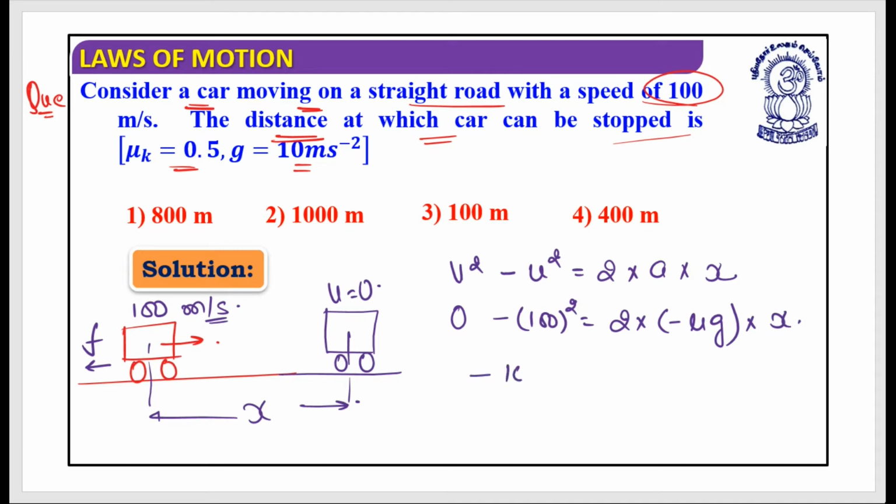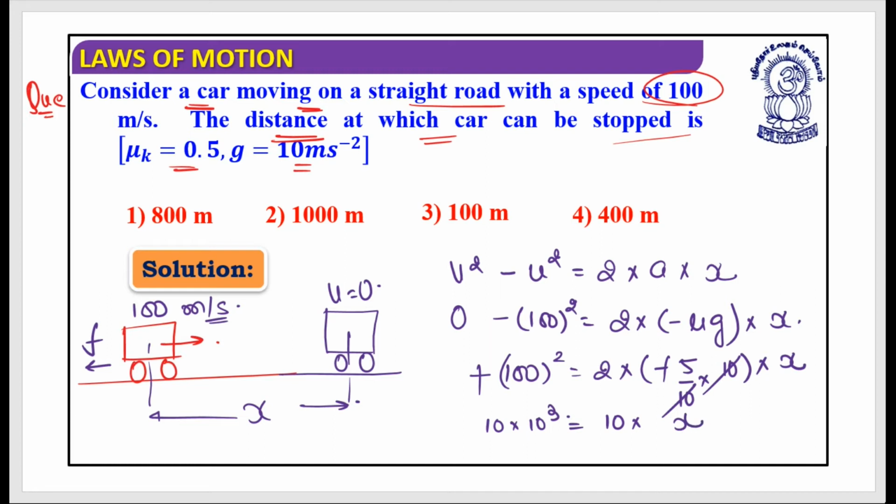So minus 100 square equals 2 into minus mu, which is 0.5, or 5 by 10, multiplied by 10 into x, the distance required. The minus signs cancel, so 100 square is 10 into 10 to the power 3 equals 10 into x. So x equals 1000, or 10 to the power 3 meters.